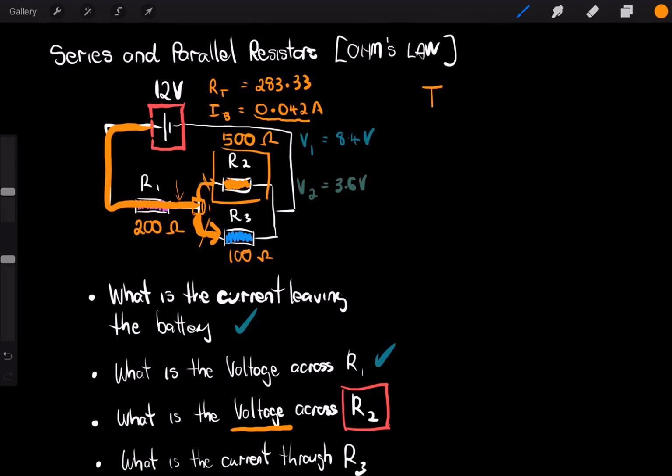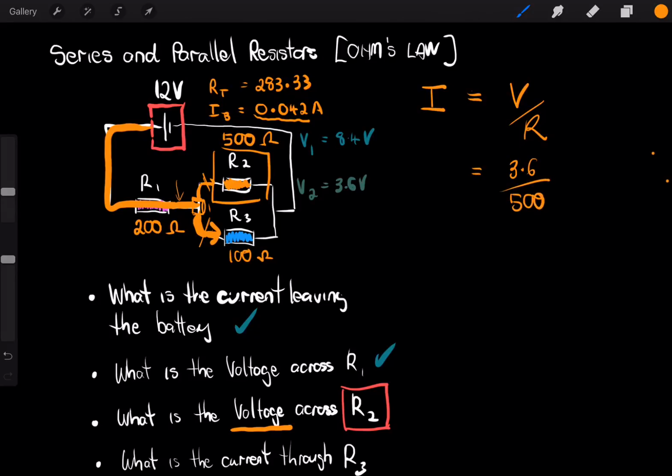Remember the local version of Ohm's law: I is the current through the resistor, V is the voltage across the resistor, and R is the resistance of the resistor. So the current through that component will be the voltage across R2, which is 3.6 volts, divided by its resistance, which is 500.